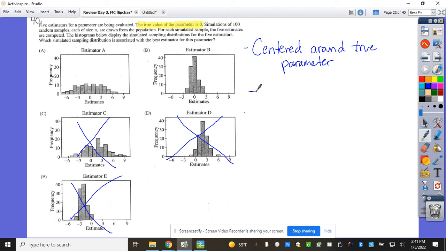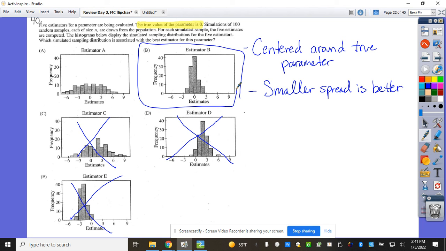Well, which would I rather have, a bigger width or a smaller width? Smaller. So our answer is B. And I'm thinking that people just didn't think about having it centered on 0 when they were doing this one.